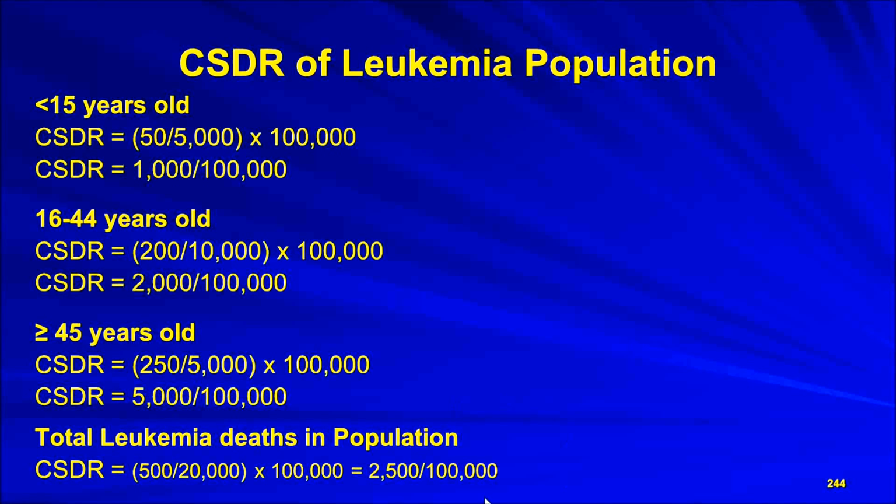Well, leukemia doesn't seem to be particularly profound in terms of the prioritization of diseases because we're using 100,000 and the number is not particularly big. Remember now, if this was 2,500 per 10,000, this particular disease would be having quite an effect and would probably be moved up into priority.